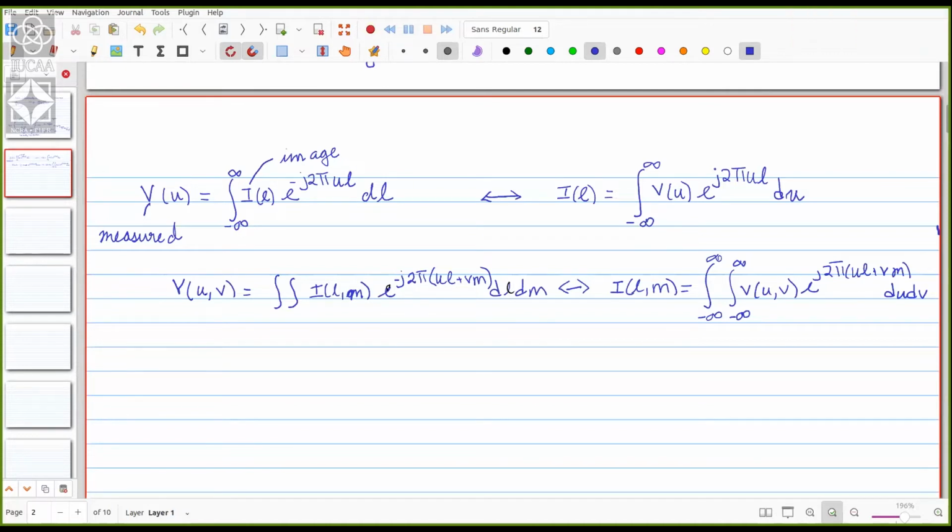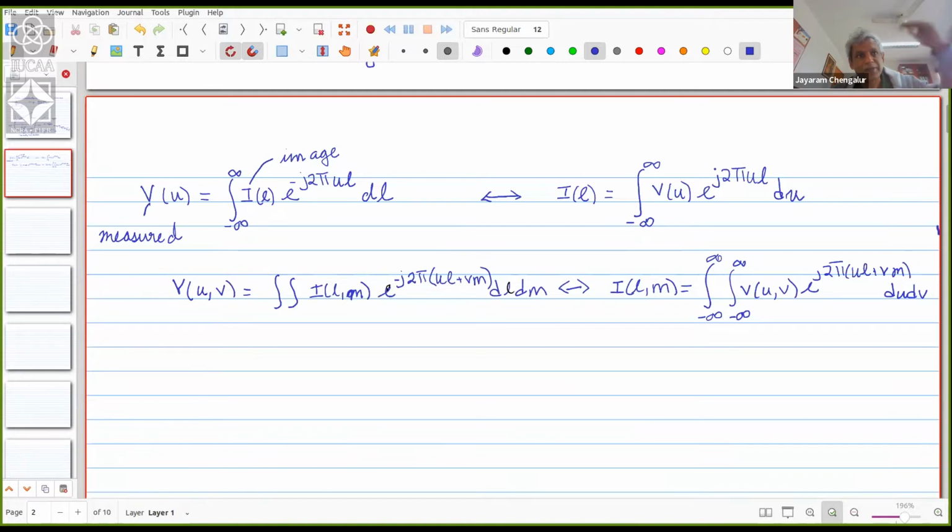What's M here? So M would basically be L and M, because when I drew that picture for you, I was working in the plane of the paper, right? We had only one angle, theta 0. But in reality, we are working with the sky, which is a sphere, a 2D sphere.